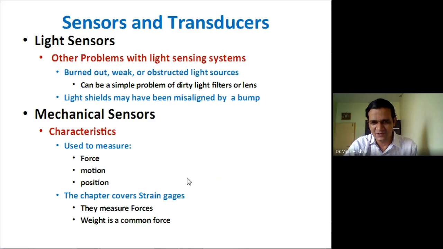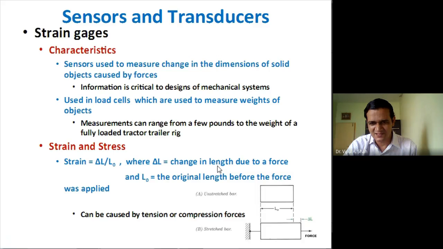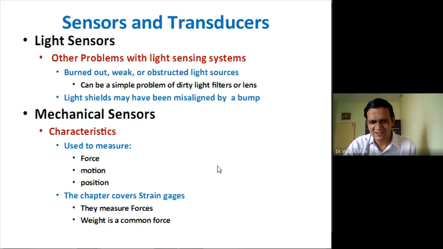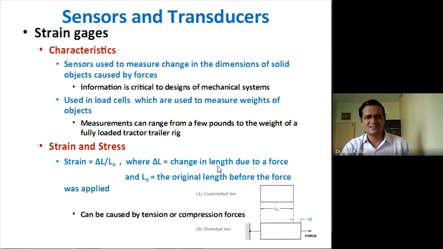When you are applying the forces in opposite directions towards the center of the material, it will create a contraction. So this is the principle on which strain gauges are utilized for measurement of strain.